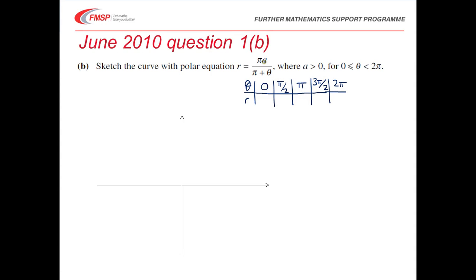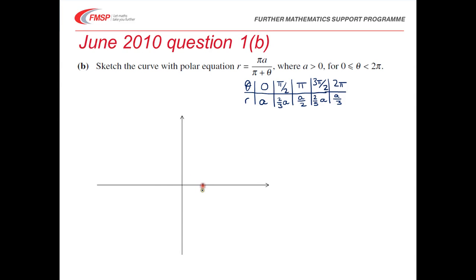If theta is 0, I've got pi a over pi, which is a. If theta is pi over 2, that's pi a over 3 pi over 2, which is 2/3 a. If theta is pi, pi a over 2 pi, that's a over 2. Then theta is 3 pi over 2 gives me 2/5 a, and theta equals 2 pi gives 1/3 a.